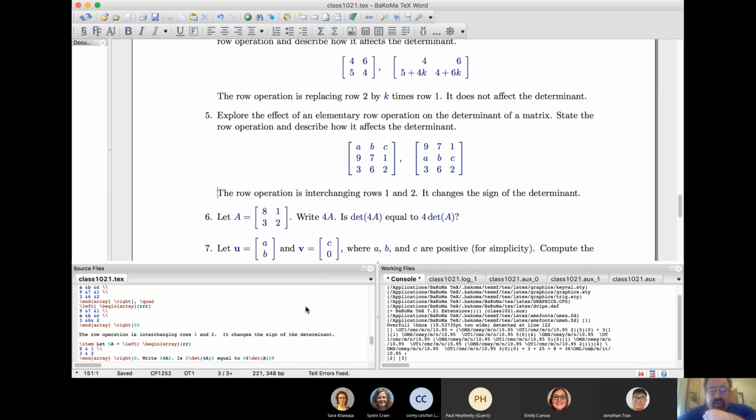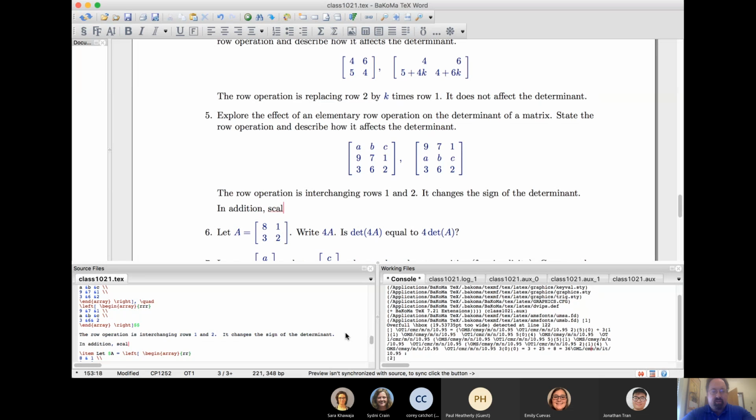The row operation that I haven't covered in this, I'll just make a mention of it here. Scaling a row of a matrix by some constant factor c multiplies the determinant by c.